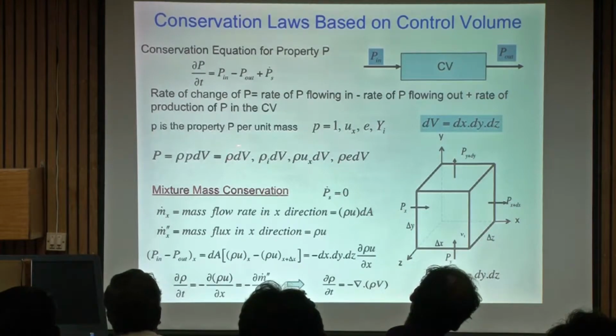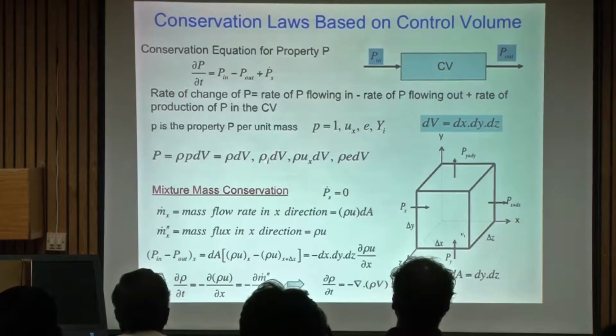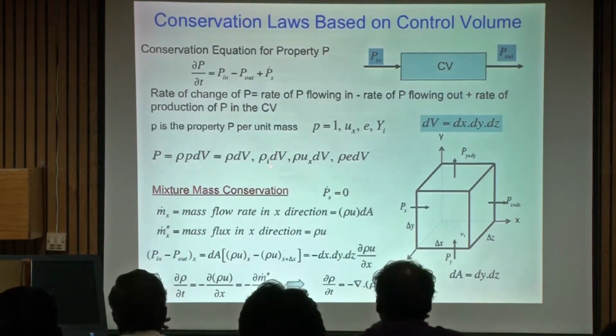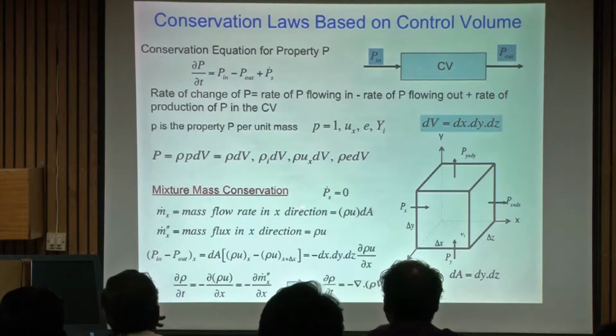So then total mass, this will be total mass of species i. This is like the total momentum in the x direction. This is total energy in this control volume. Now, the conservation of mixture mass.